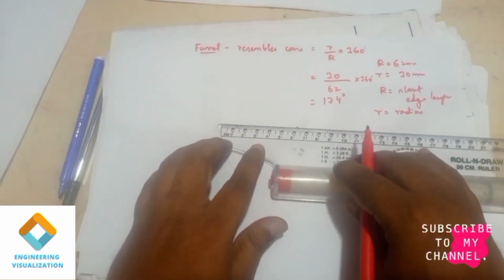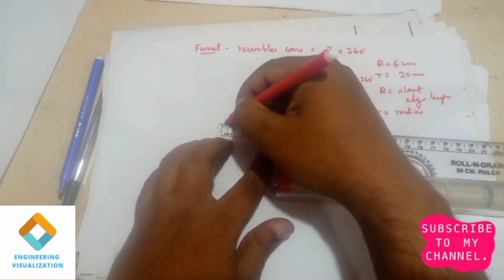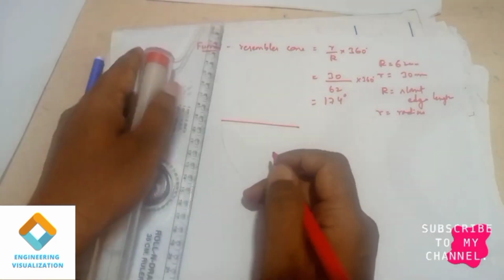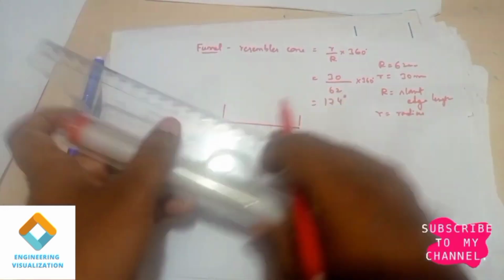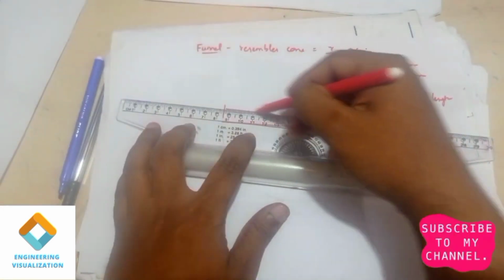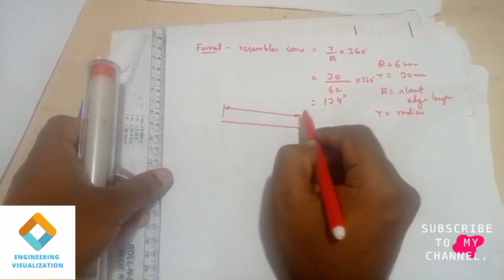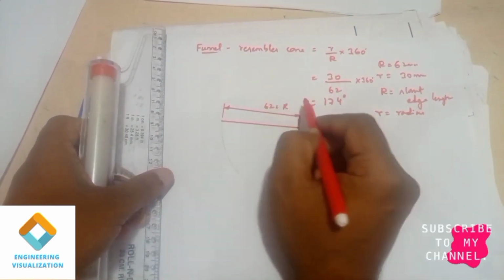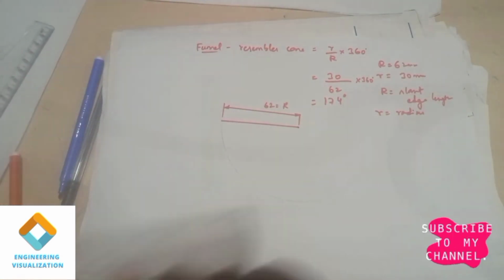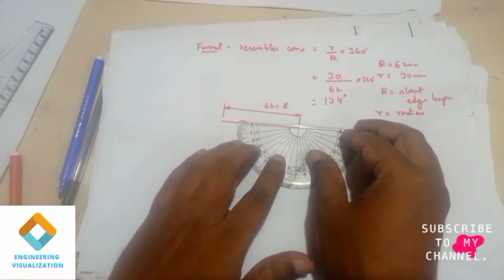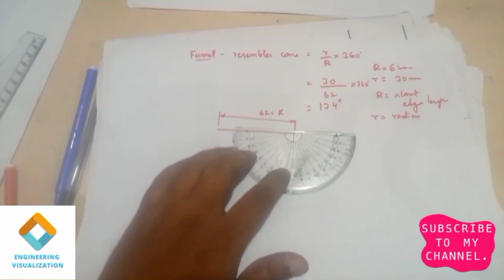This has a length of 62 mm. You can mark it, so that is your slant edge length, capital R. The angle we need to mark here is 174 degrees. That is our angle.